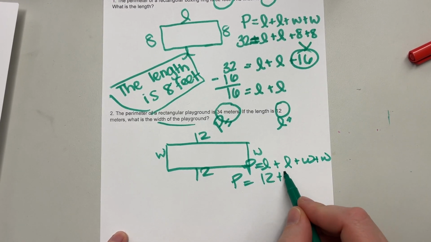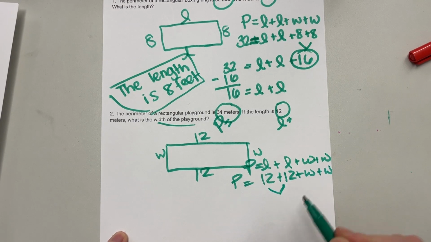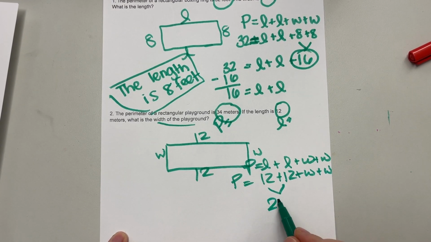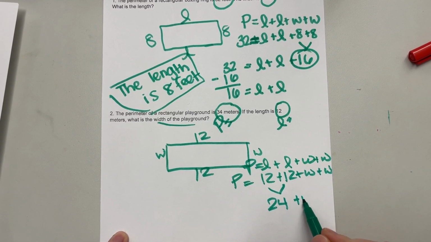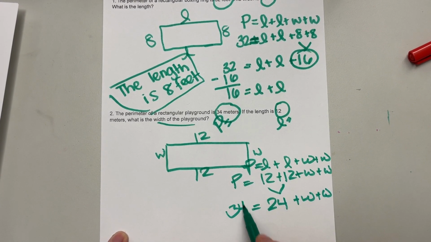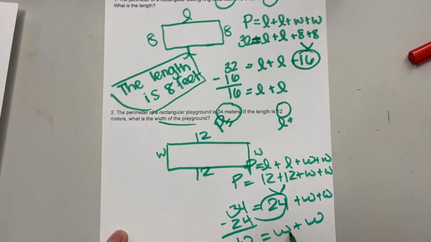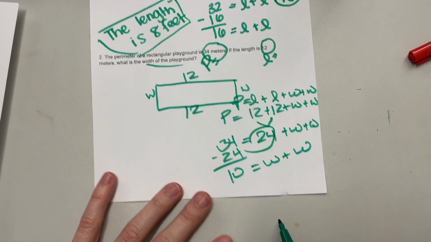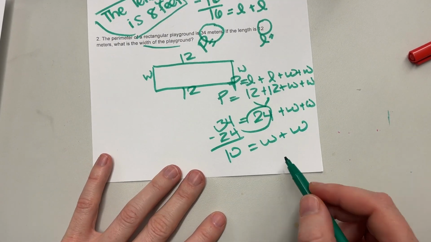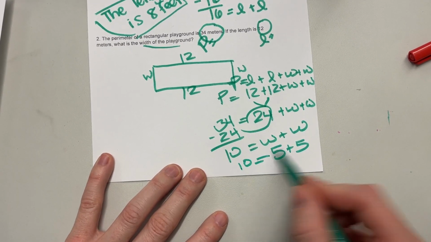Now I'm plugging in the lengths, plus W plus W. Add those two together. I get 24 plus W plus W equals 34. I subtract this number. I get 10 equals W plus W. So the two numbers that I can add together to get to 10 is 5 plus 5 equals 10.